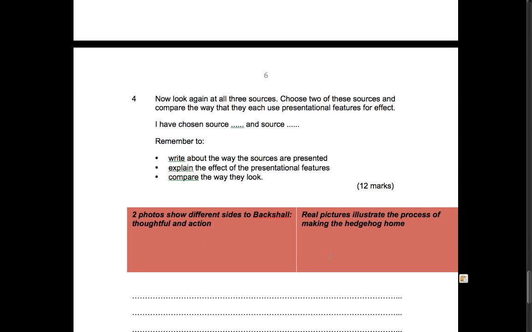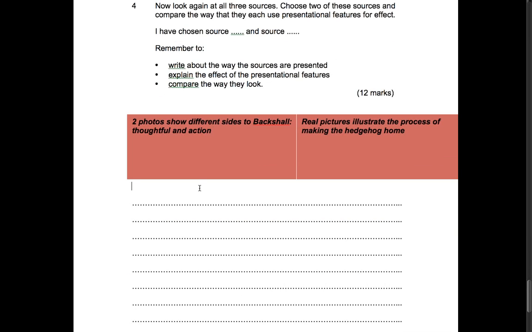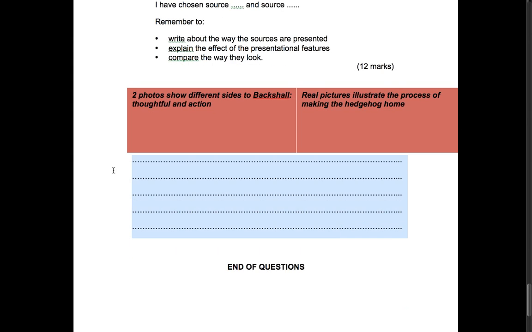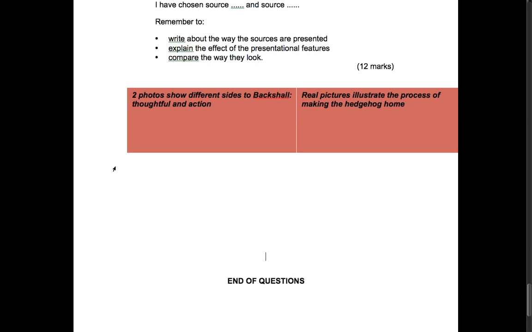Okay. So my ideas then are pretty much as I've got here. And what I want to try and do, if I possibly can, is to write this into one comparative paragraph. So this is what it would look like. Remember to write about the way the sources are presented, explain the effect, and compare the way they look.